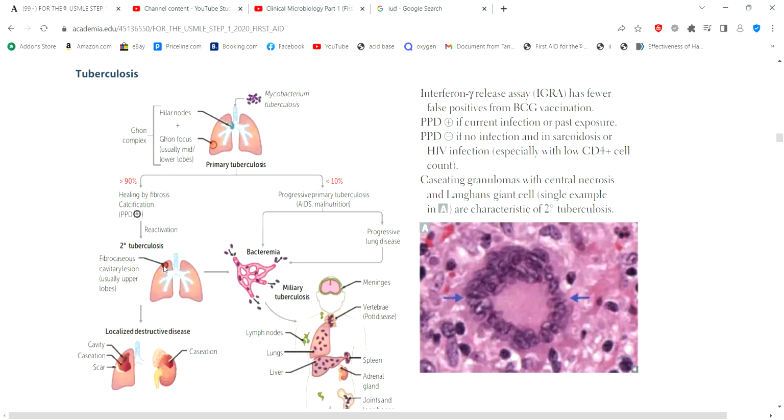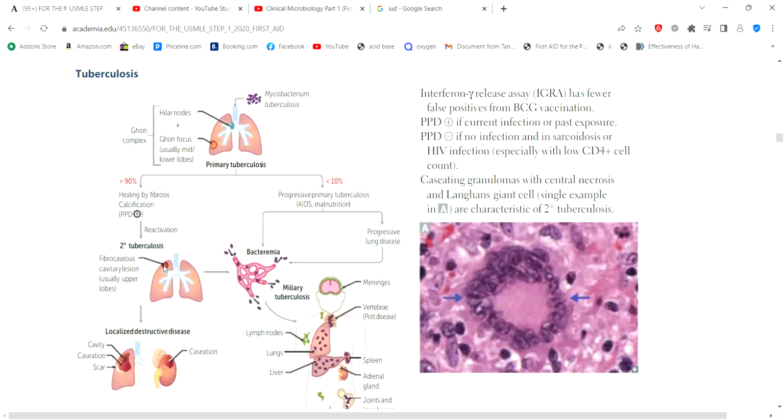So here, interferon gamma release assay has fewer false positives from BCG vaccination. BCG vaccination can give false positives. Interferon gamma release assay is more accurate. PPD is positive if there's a current infection or past exposure.